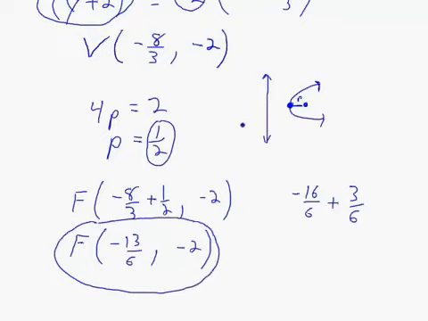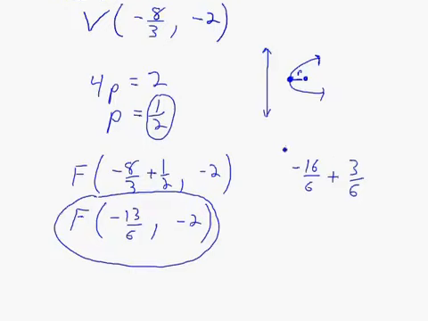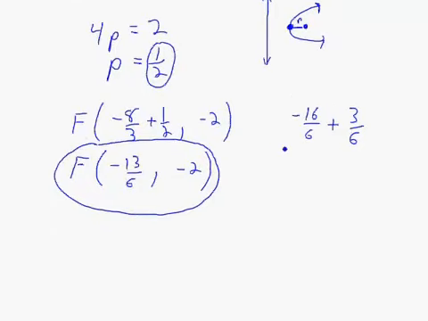And your directrix is a vertical line. Vertical lines always have the equation x equals a constant. To find out what that constant is, start with the first coordinate of the vertex, which was -8/3, and go to the left p units, directly to the left of the vertex.